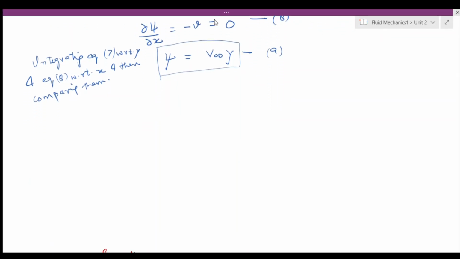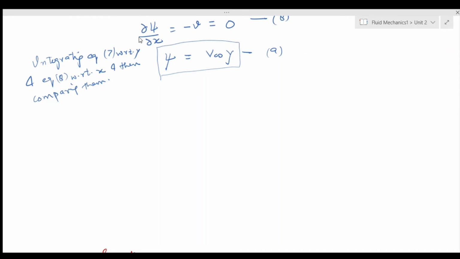In this case of ours, if we are trying to find circulation, this circulation we know is the closed integral over a curved surface of v dot ds. Now for this particular case of uniform flow, v is a constant v infinity.